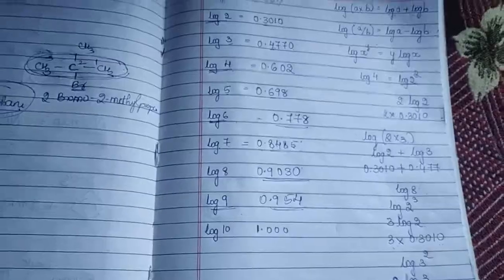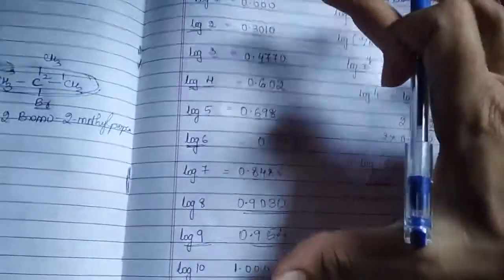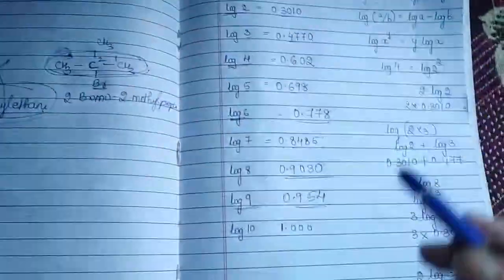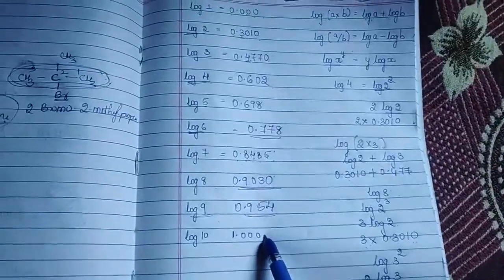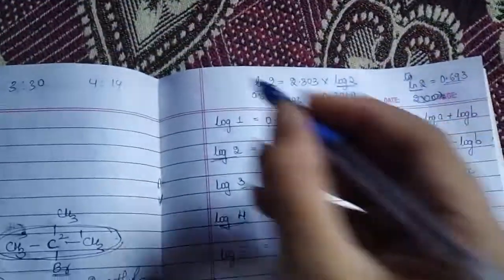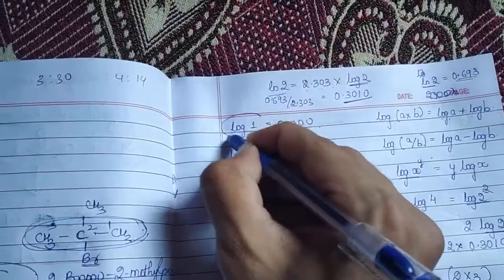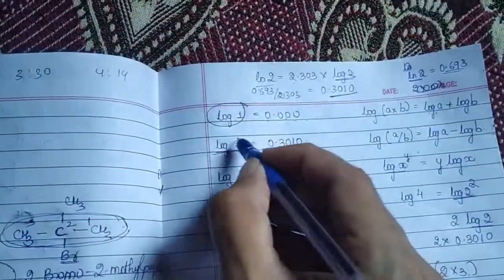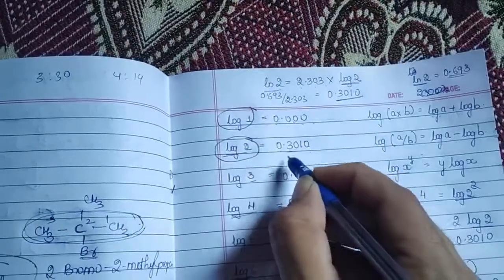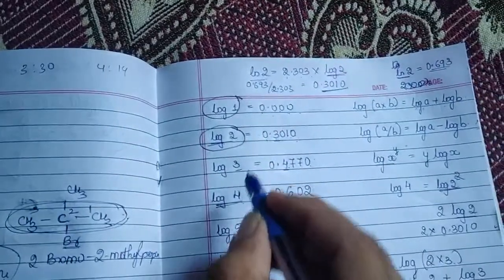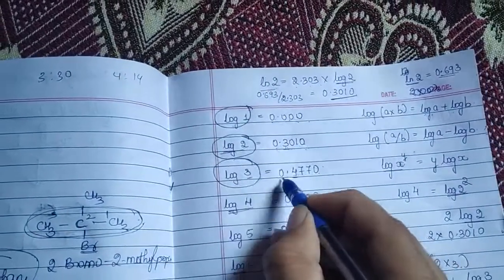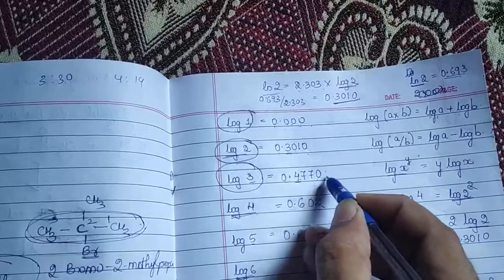But do remember, for further calculations, we will be requiring the values from log 1 to log 10. I have told you which values you first have to remember. Log 1 is 0. Log 2 is 0.3010. Log 3 is 0.4770.